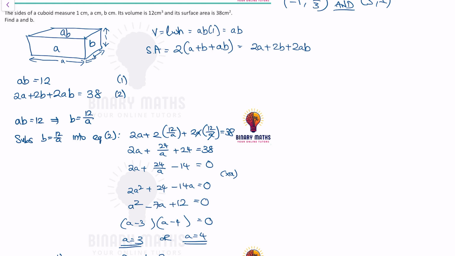So my two solutions are A equals 3, B equals 4, or A equals 4, B equals 3. Which makes sense because they can interchange. That would be the same thing.